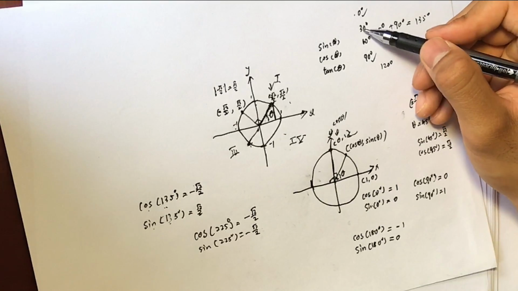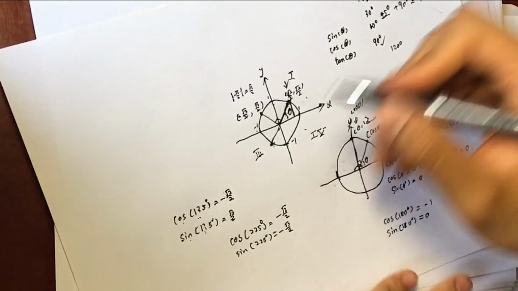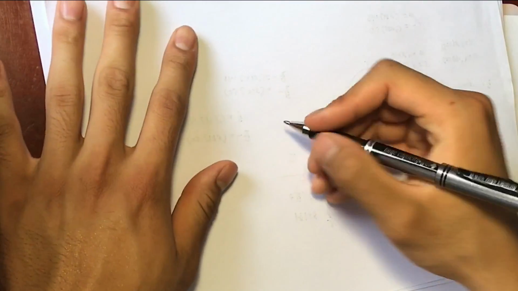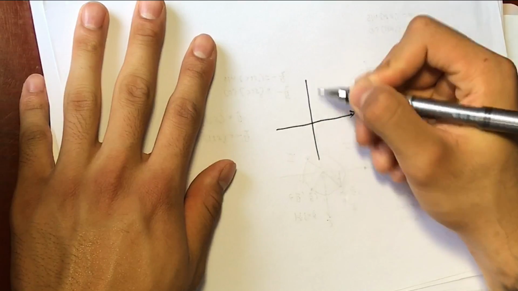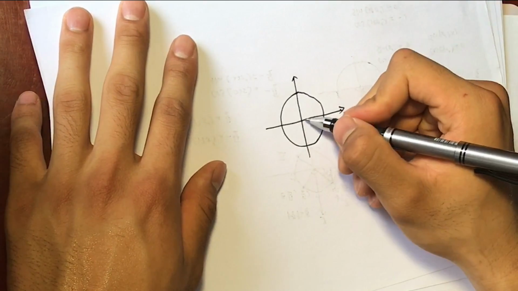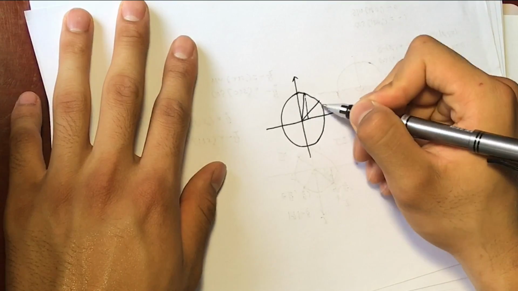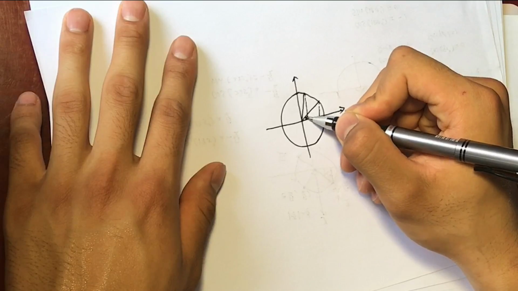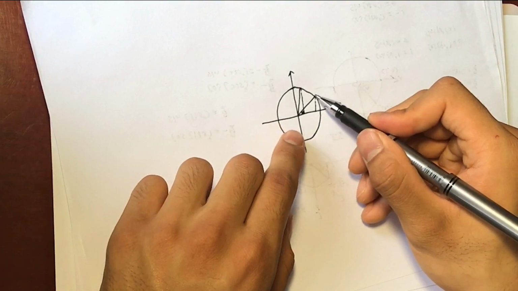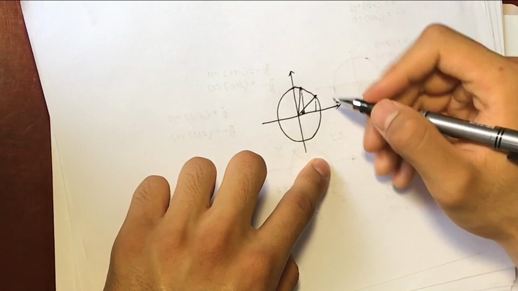Lastly, we need to focus on 30 and 60. Well, that's a little bit confusing, but not quite. So here's our unit circle again. 30 degrees and 60 degrees. Here's our theta. When theta equals 30, it's right here, and when theta equals 60, your point will be right there.